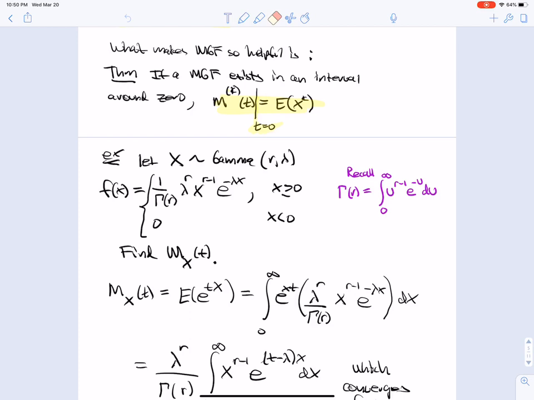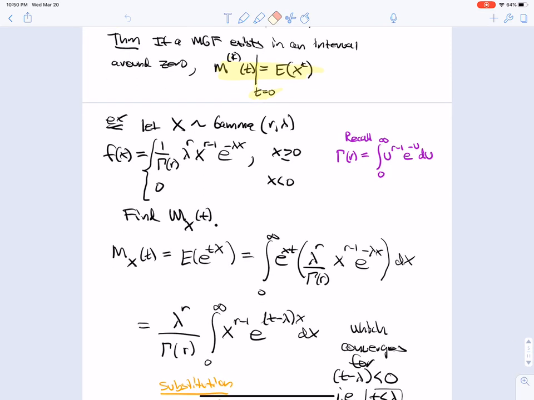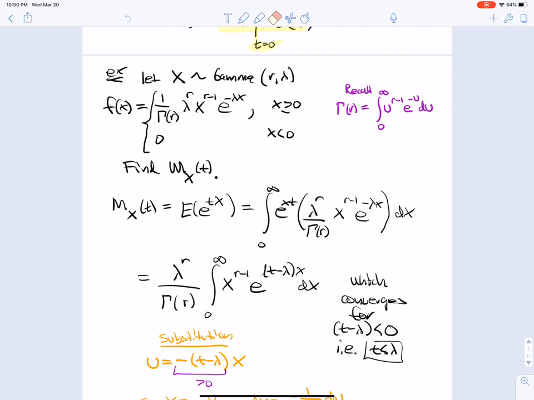So we have the density of gamma, and we also recall the gamma function. We write out the definition of the moment generating function and pull out a constant from the integral.